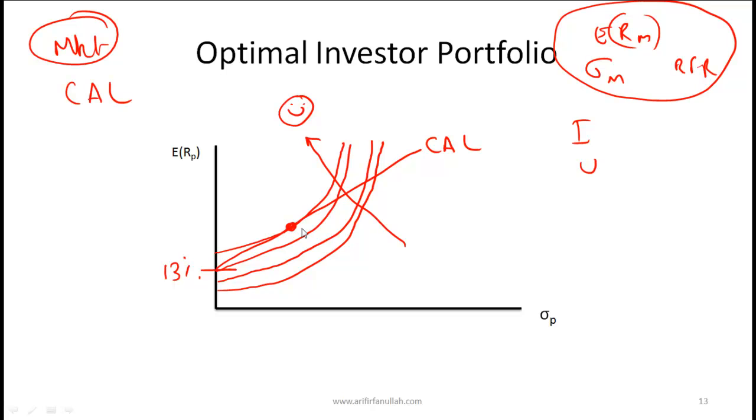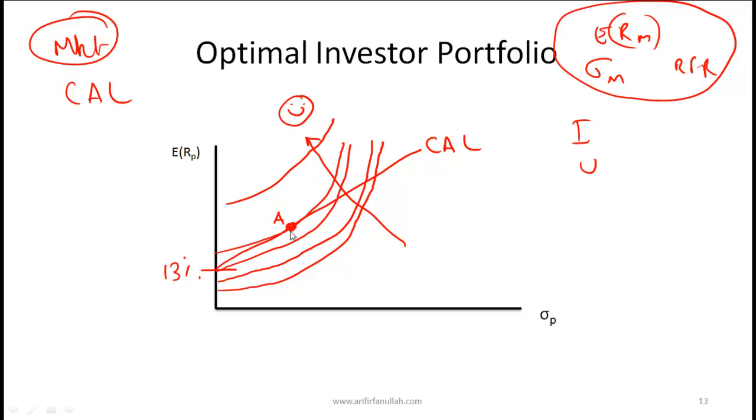Because let's say that this point A represents a point on the capital allocation line, which means that this portfolio is possible given the market conditions, and this point A also puts the investor on the highest possible indifference curve. Ideally, the investor might like to be on this higher indifference curve, but there is no portfolio in the world, or at least in his market, that can give him this indifference curve.